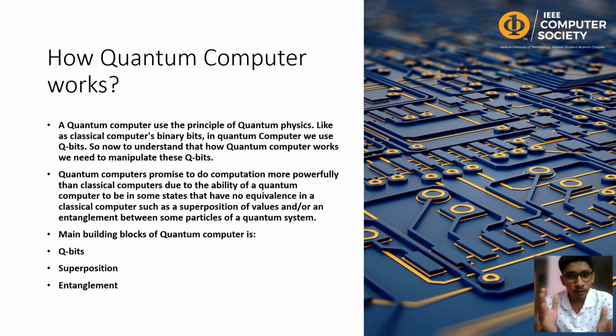So basically it works on the principle of quantum physics. Like we have binary bits in classical computers, we have qubits in quantum computers, and how they work is basically scientists or researchers manipulate these qubits.